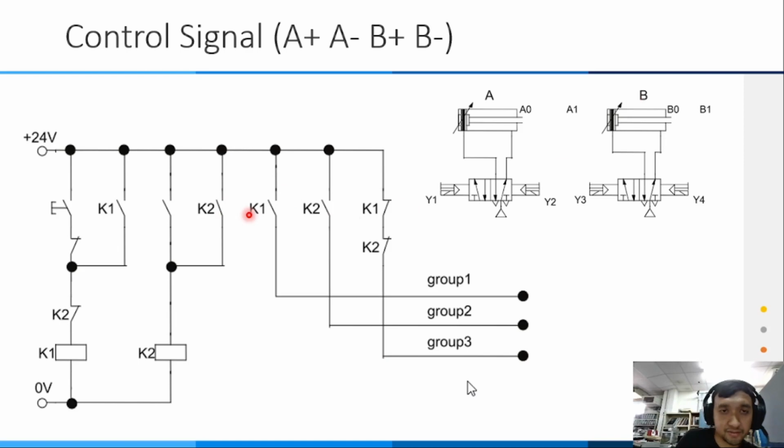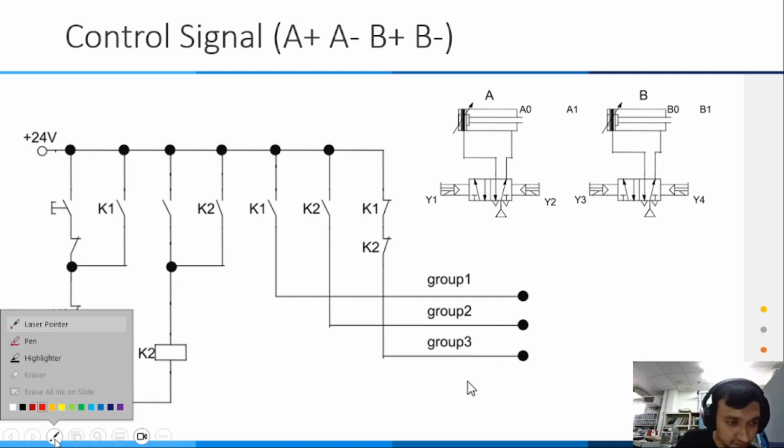As a cascade control, we can make the diagram like this. We need 24 volt power, and in the first line we can draw the start button and the normally closed relay K2, and we can put relay K1 here.